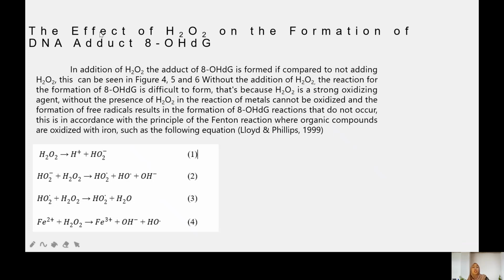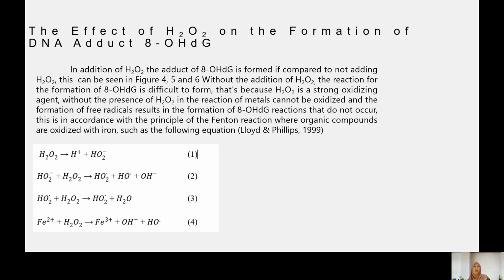Okay, the effect of hydrogen peroxide on the formation of DNA adduct 8-OHdG. With the addition of hydrogen peroxide, the 8-OHdG adduct is formed compared to not adding hydrogen peroxide. This can be seen in figures 4, 5, and 6 next. Without the addition of hydrogen peroxide, the reaction is difficult to form.